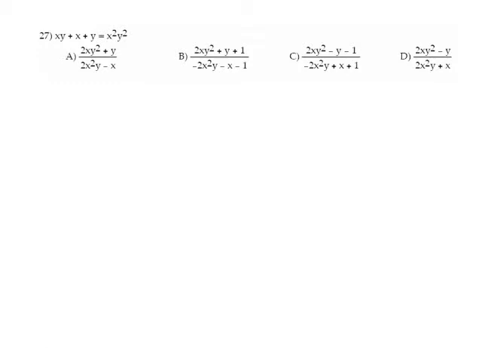Number 27 is also requiring implicit differentiation. You want to find dy dx. So we take d dx of xy plus d dx of x plus d dx of y, which is just dy dx, is equal to d dx of x squared y squared.